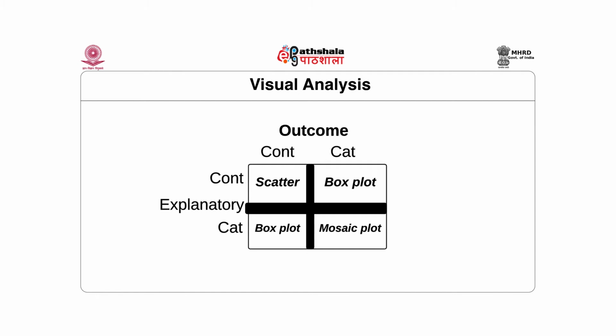In this particular set of examples, we are not going to show you a mosaic plot, but I'm going to show you a simpler version of this. That is, after we construct a 2x2 table, or n by n table, as the case may be, for categorical outcome and categorical explanatory variables, we'll take a look at a very simple instantiation of a bar plot to see how the different categories stack up against the others.